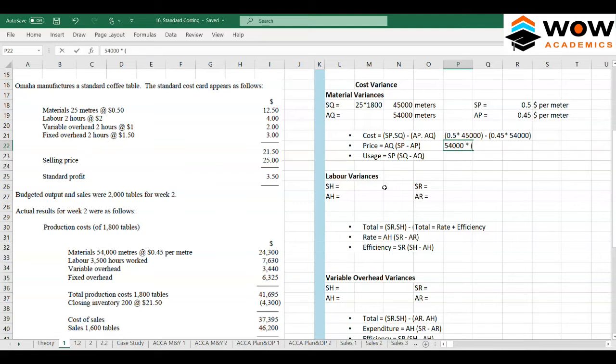SP is 0.5 minus 0.45. Usage, it is SP into SQ minus AQ. So SQ is 45,000 minus 54,000, sorry, meters. It's not units, it's meters. So we can find out the answers for these.